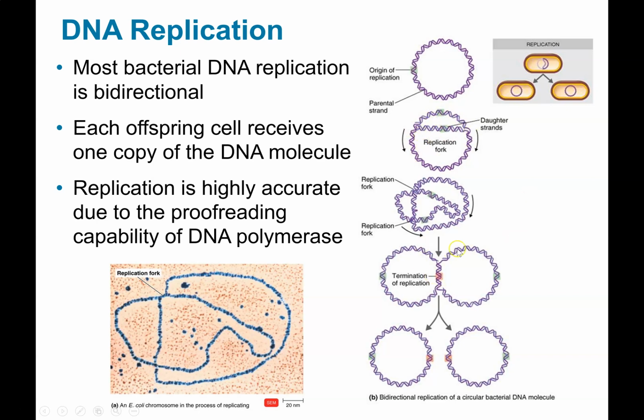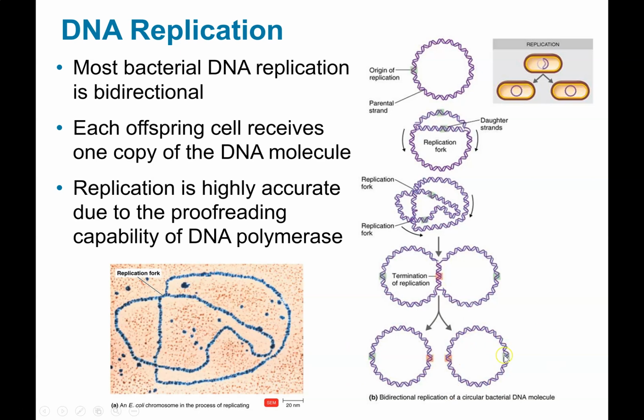So eventually, when DNA replication is complete, you get these 2 double-stranded circular pieces of DNA. And I wish they did the colors more clearly, but the parental strand is dark purple, and the newly synthesized, what we call daughter strand, is light purple.